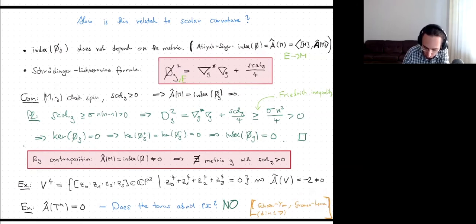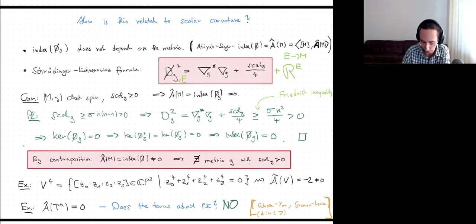If you do this, then you get an additional term, which is a curvature term that depends on the curvature of the bundle you twist with.